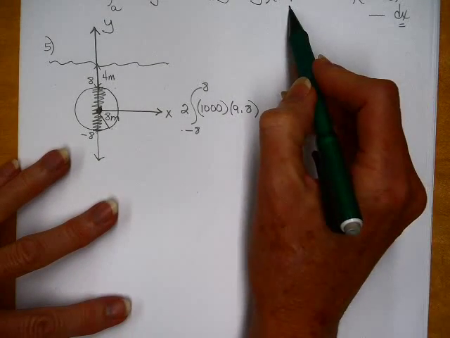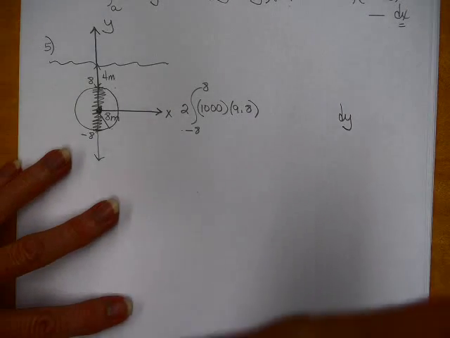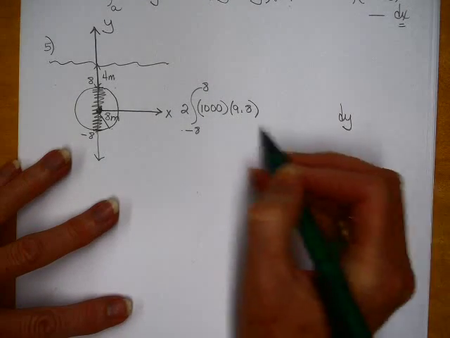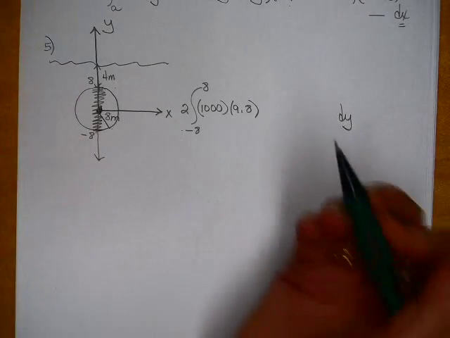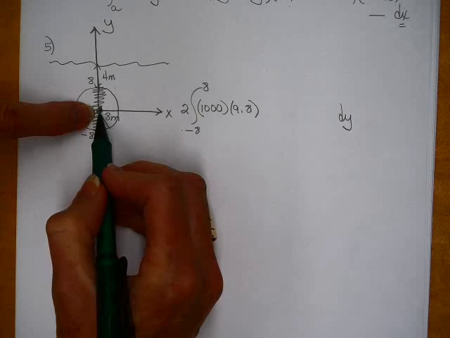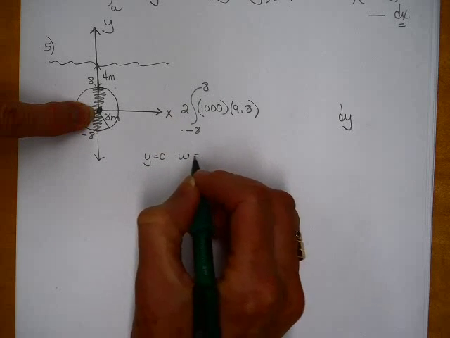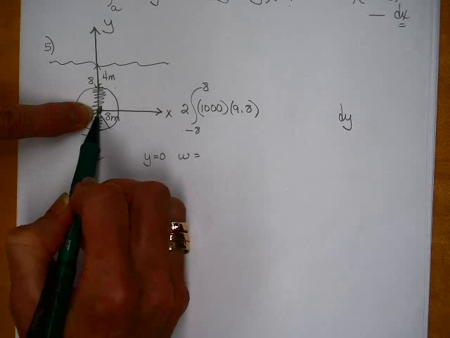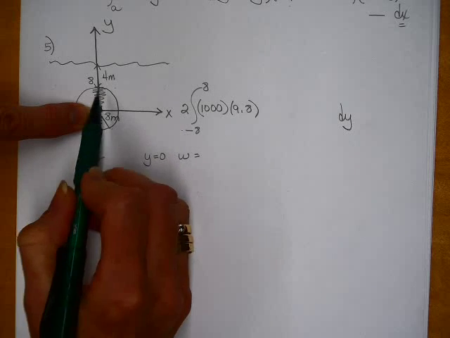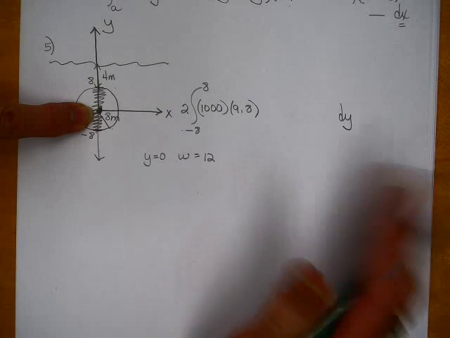Now I need the depth of the water above where I am. How much water is above where I am? So I need an expression for the water. You can just start by picking some numbers and thinking about it. This is 0. When y is 0, how much water is above that point? I've got the 8 and the 4. The water is 12 meters deep.